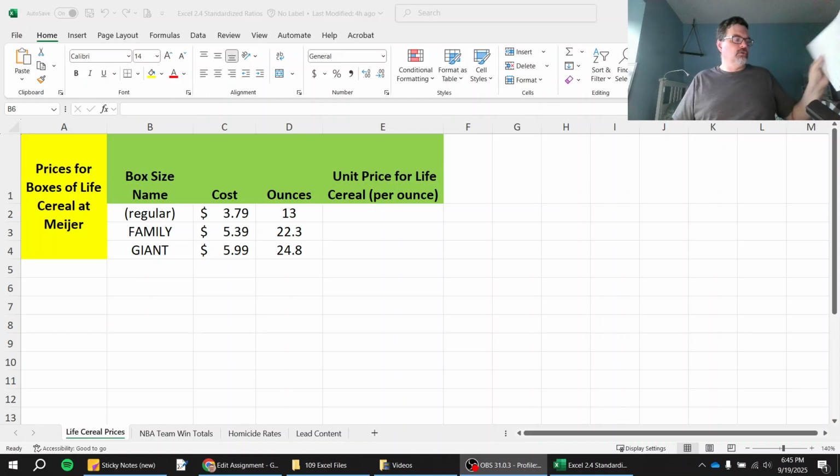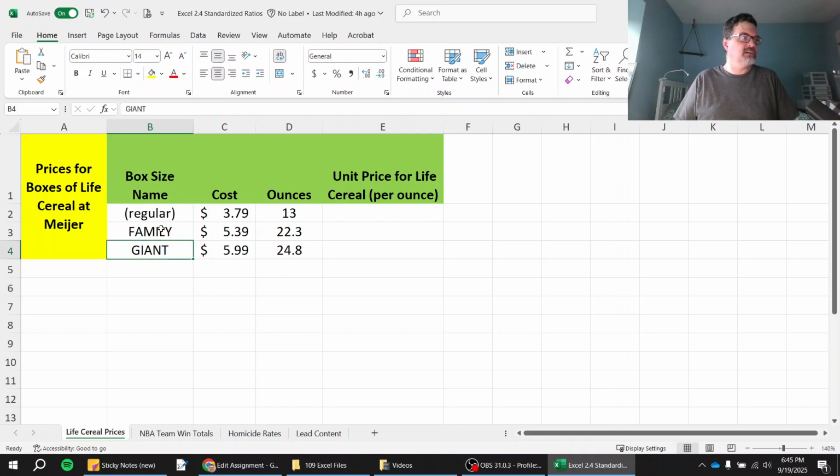All right, so you go to the store and you're looking at 3 different size boxes of Life. One doesn't really have a name, but they have a family size box and they have a giant size box. And here are the prices that I found, and here's how big each box is in terms of ounces.